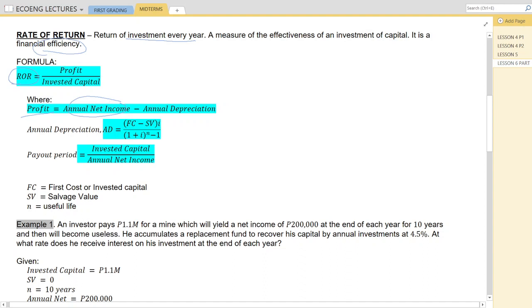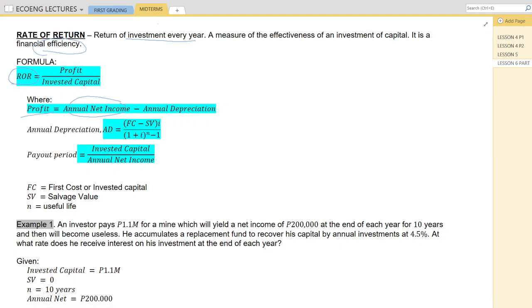So annual net income is different from the gross income. The gross income is the amount of money earned before taxes or other deductions, whereas the annual net income is after certain deductions already.